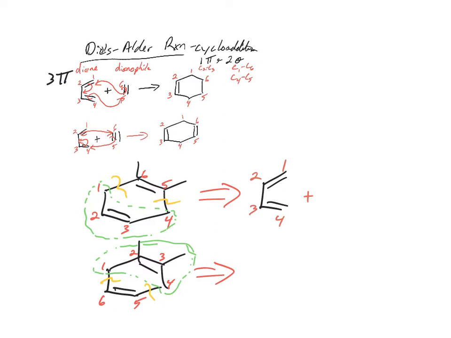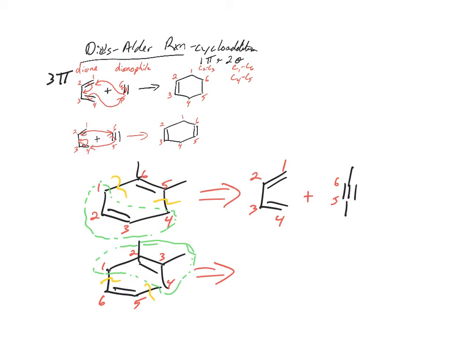What kind of functional group is it going to have? Alkyne. 5 and 6, and then I can't forget these 2 carbons. Don't forget those 2 carbons. They're obviously there too. So this would be the diene and the dienophile.